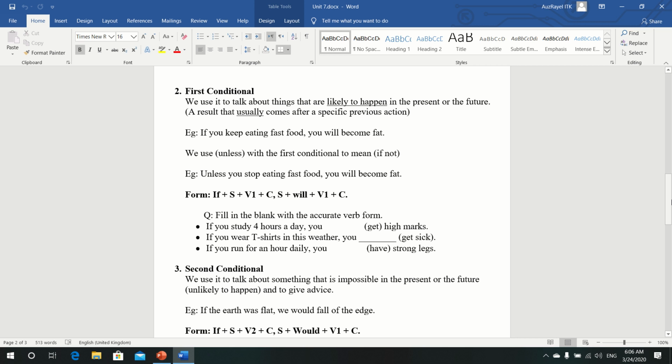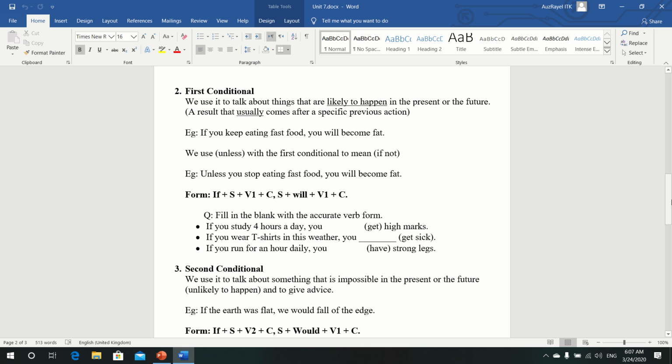We can say if you study 4 hours a day, you get high marks. Okay, maybe it becomes a fact, maybe, I don't know. It's not most likely 4 hours, but if we say like if you study 7 hours a day, you get high marks. Yes, it works. But right now we will be using the first conditional, so we say if you study 4 hours a day, you will get high marks.